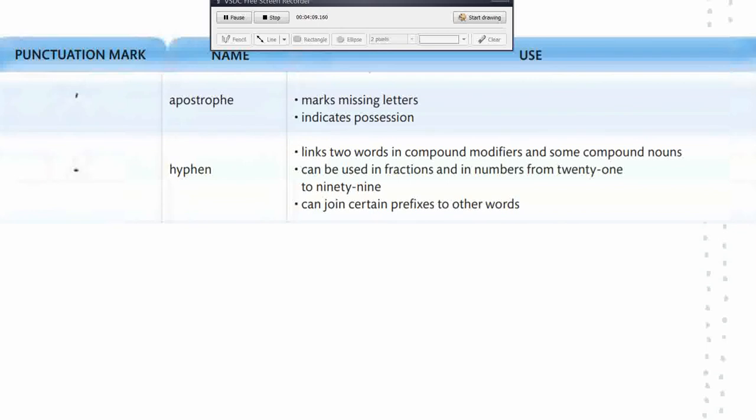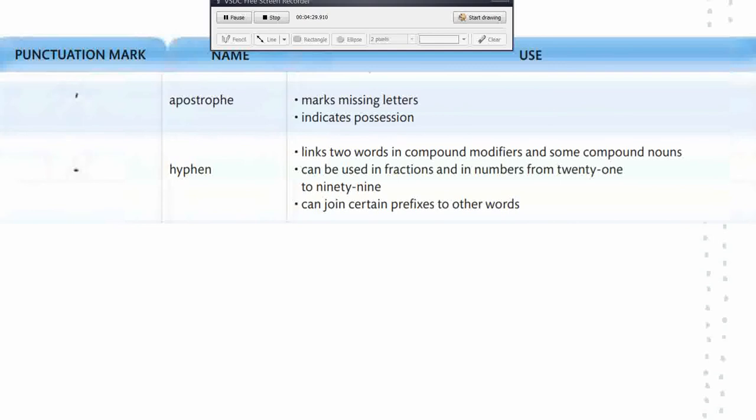Hyphen, the usage of the hyphen is it links two words in compound modifiers and some compound nouns.